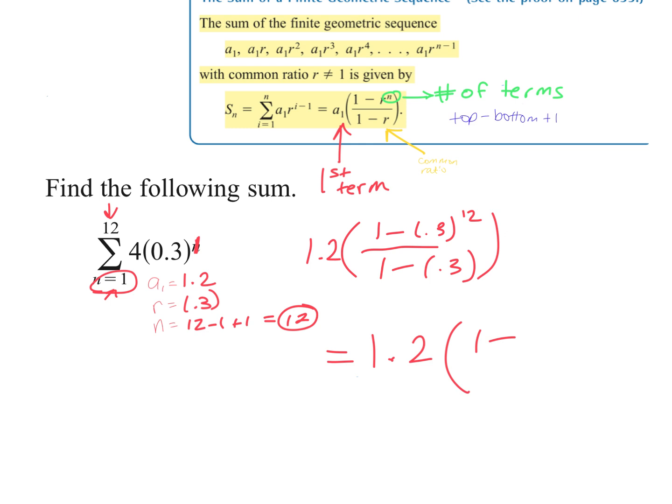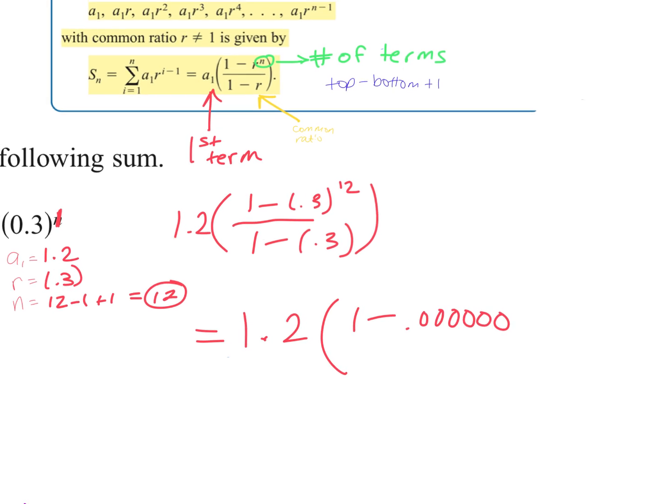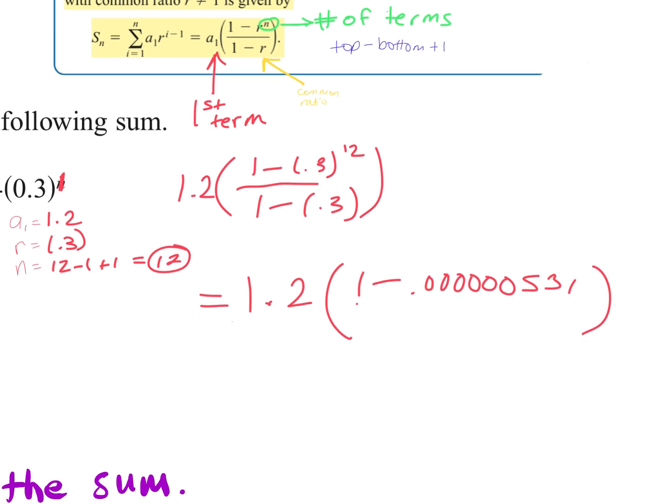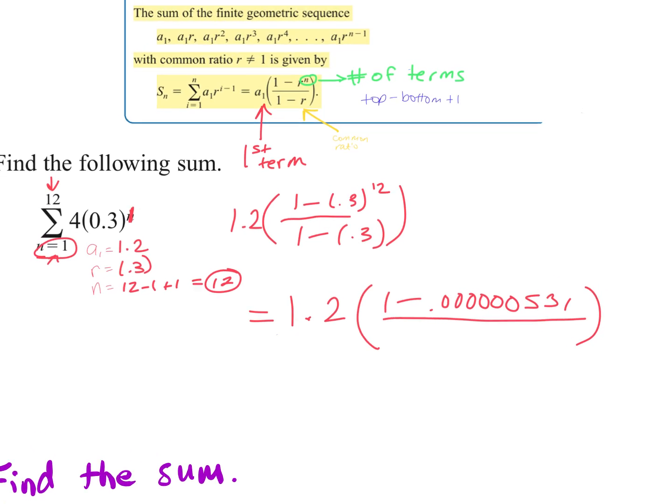Okay, say it one more time. 0.123456531. And then what's 1 minus 0.3? 0.7, okay. Yeah.